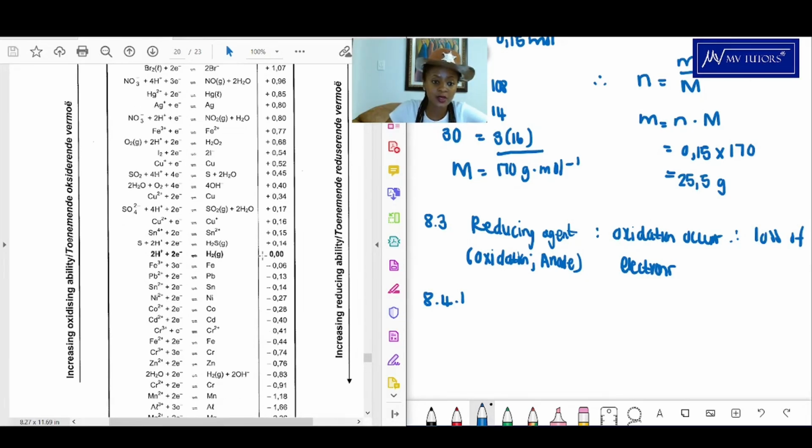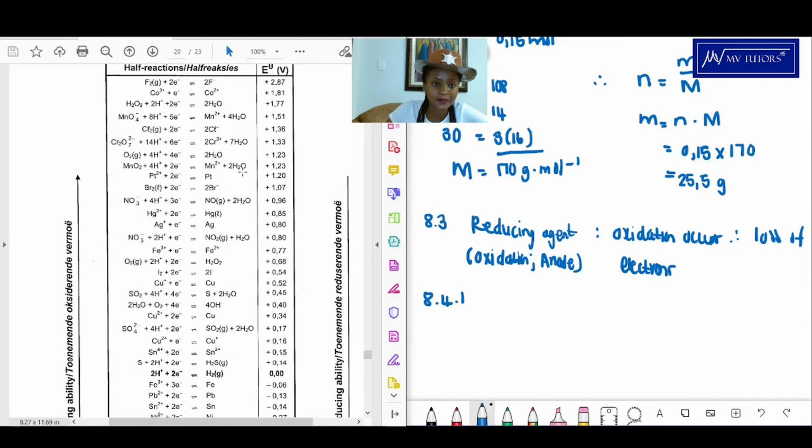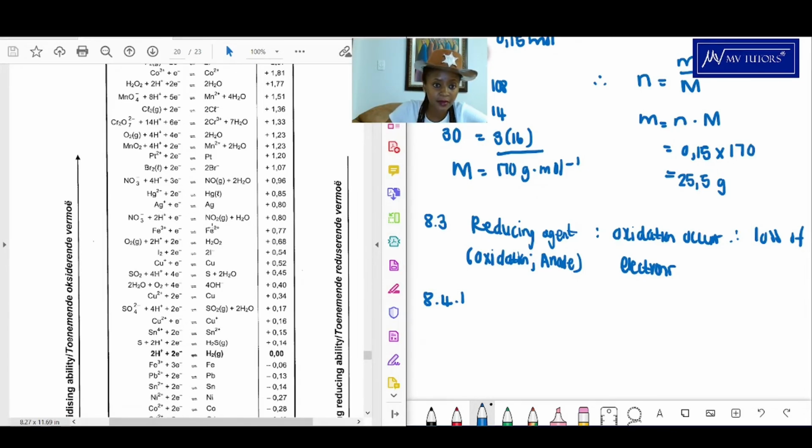Okay, so is silver down there or is it up there? I'm just going to start looking from the top. So we have fluorine, cobalt, and oh, here is silver. So silver is actually on top, right?